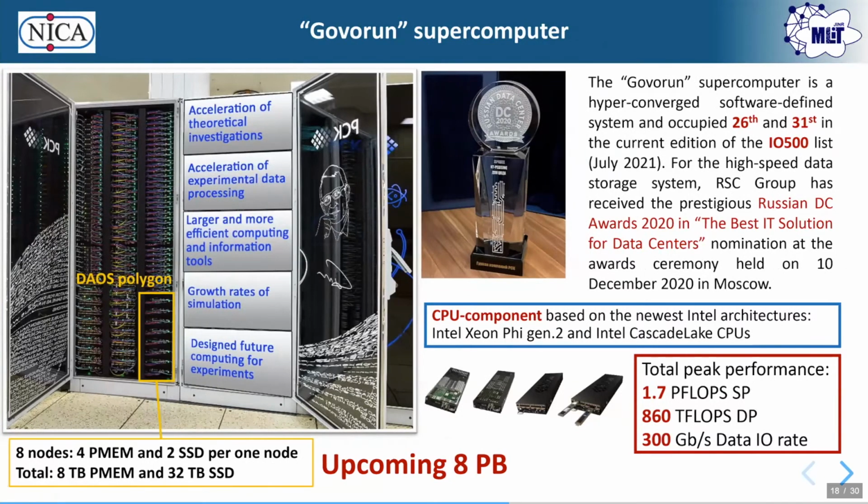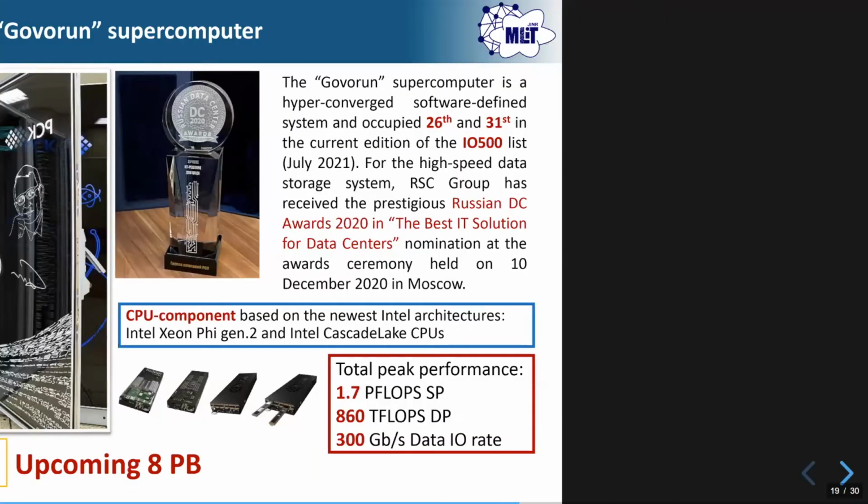We have the supercomputer Govorun in our computing center in Dubna, where we have DAOS, which takes 8 nodes and 32 terabytes, and the next 8 petabytes are coming. This is where we were doing our tests, because first you have to check the implementation.